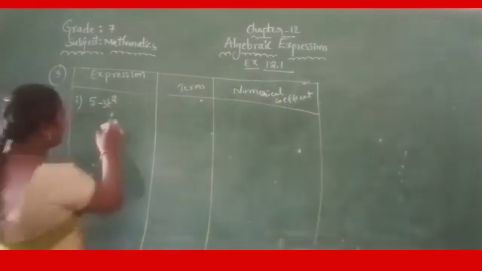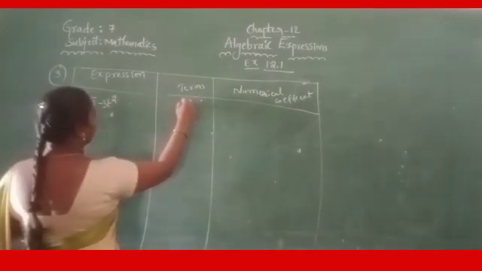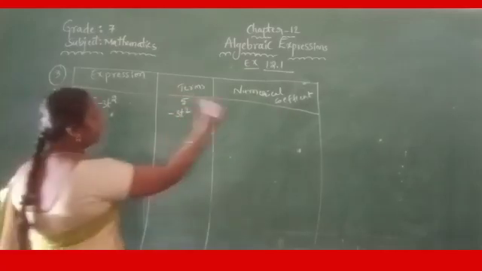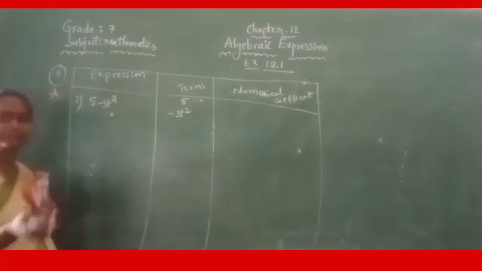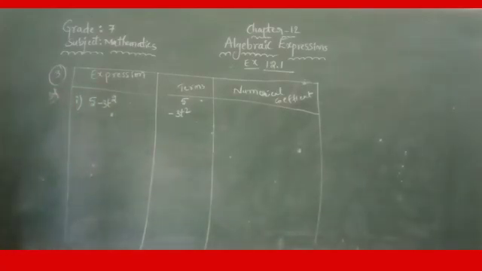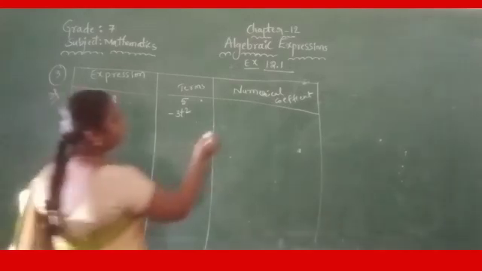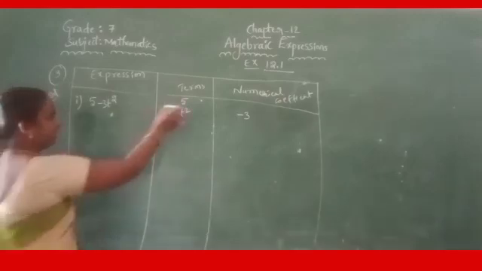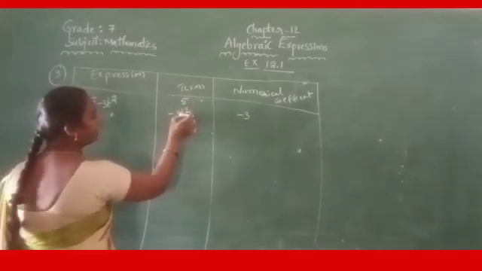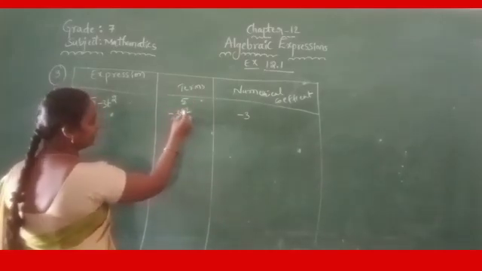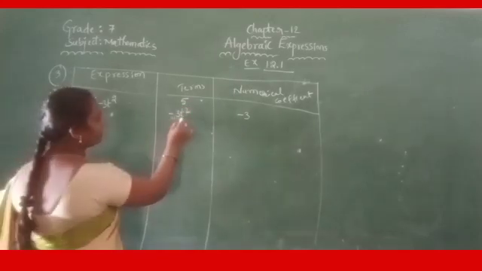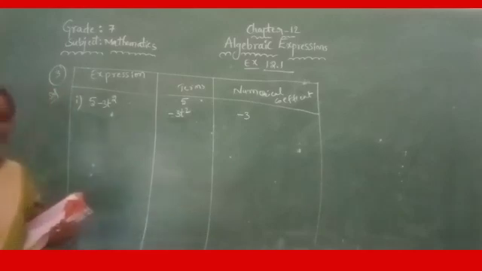How many terms here? 2 terms: 5 and minus 3t square. Numerical coefficient: the coefficient is multiplied by the variable. What is the coefficient of t square? Very good, minus 3. So other than the constant, we have to find the coefficient of the variable. So those expressions have the variable.